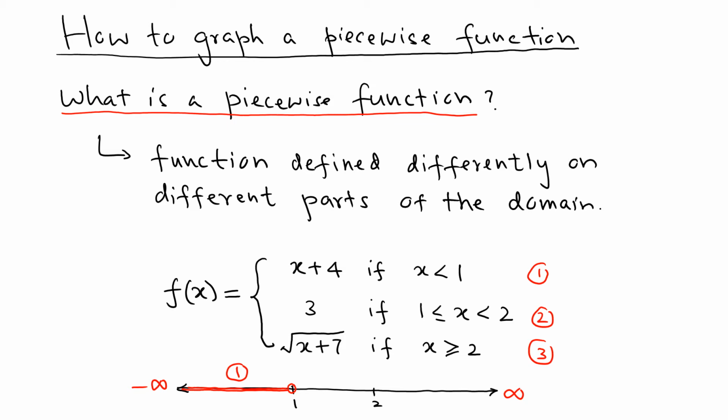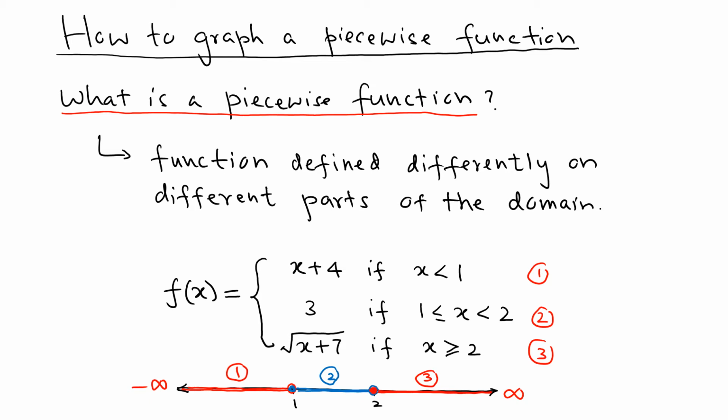If you look between 1 and 2, including 1 and excluding 2, that is part 2 of the function. And any value from 2 onward, larger than 2, uses function 3. Those are the three functions we use for each part of the domain.